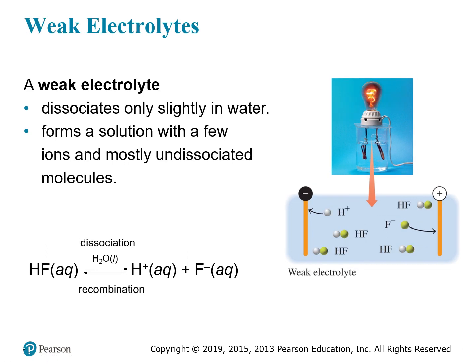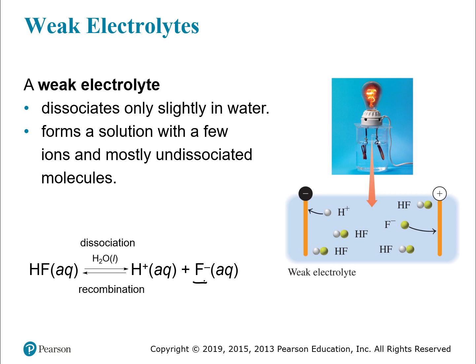Then we have weak electrolytes. So they only partially dissociate. So the solution has some ions, but it's mostly molecules, okay? The molecules have not broken apart. One example of that would be acid. So if you have an acid and water, you're going to make hydrogen ions, and you're going to make some kind of an anion.